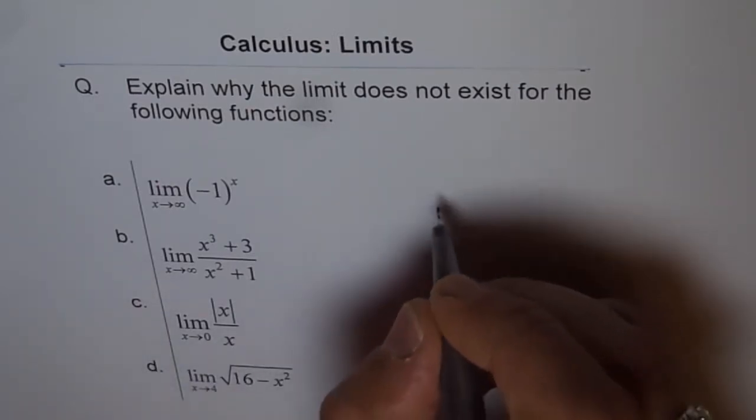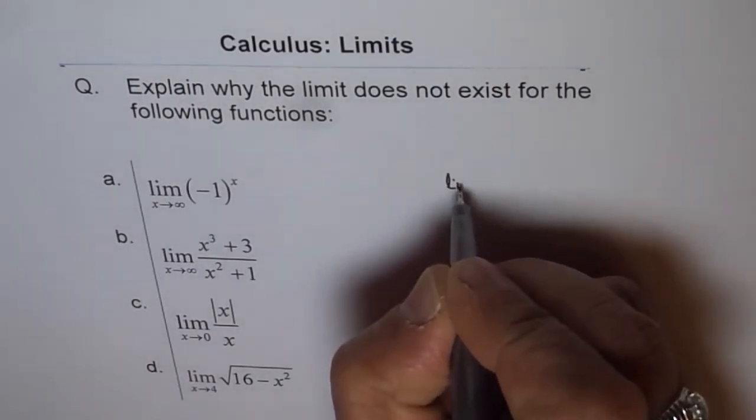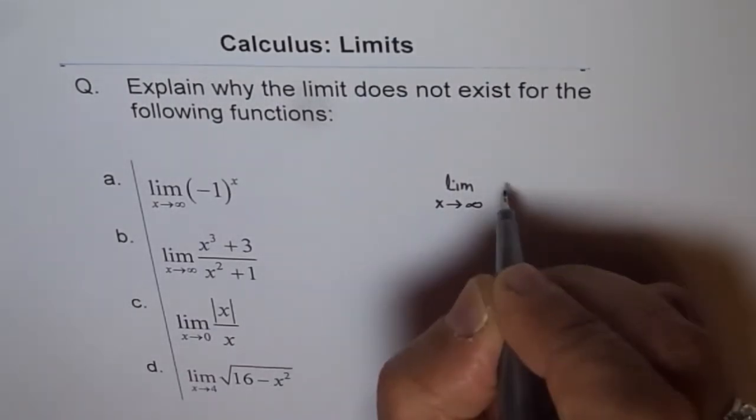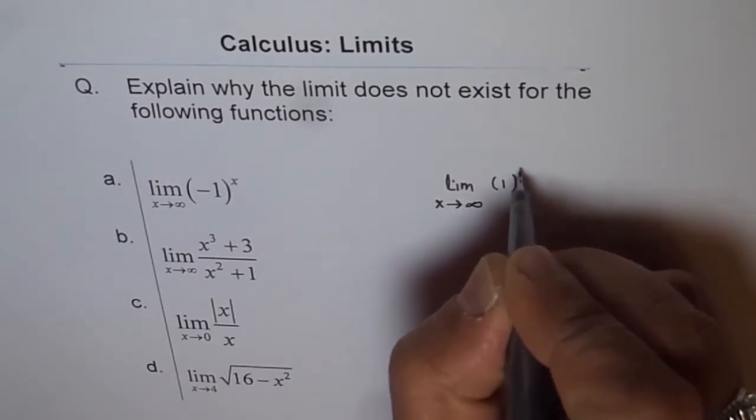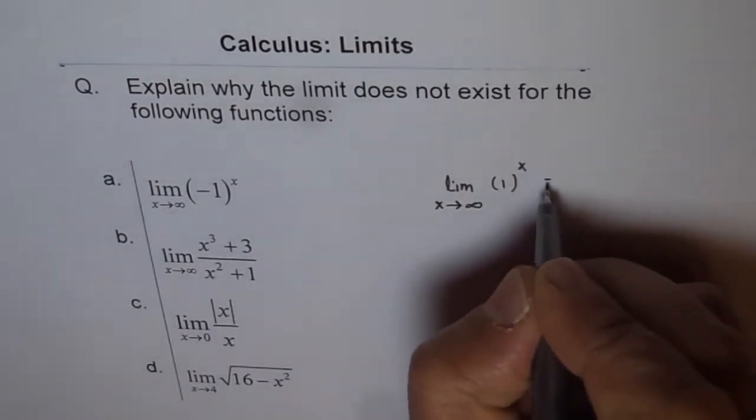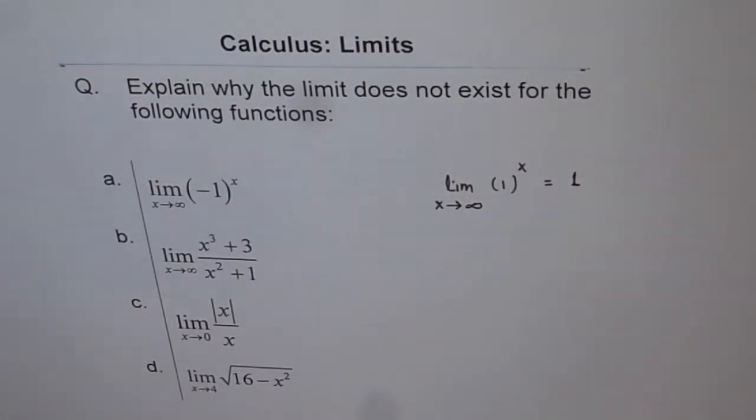However, if we have a problem saying limit x approaches infinity for 1 to the power of x, in that case, what is going to be the answer? The answer is going to be 1, since 1 to the power of anything, howsoever large it may be, positive or negative, even or odd, it is going to be 1.